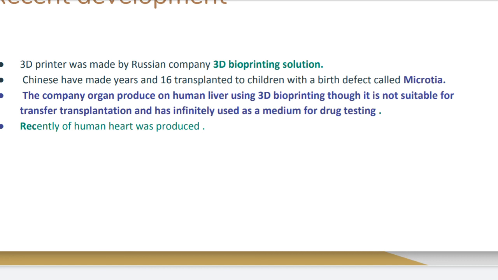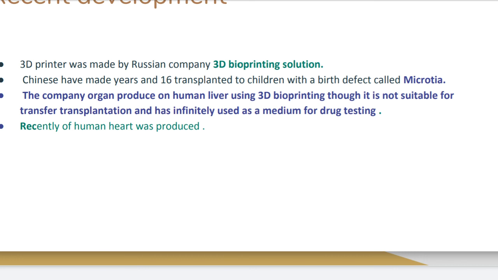In the wake of COVID-19, we developed many drugs, and a drug cannot be used directly on the human body. That drug can first be used on the organ that is made, or any other organ, before using it directly on the human. So in that manner, the organ produced by the company Organovo can be used.